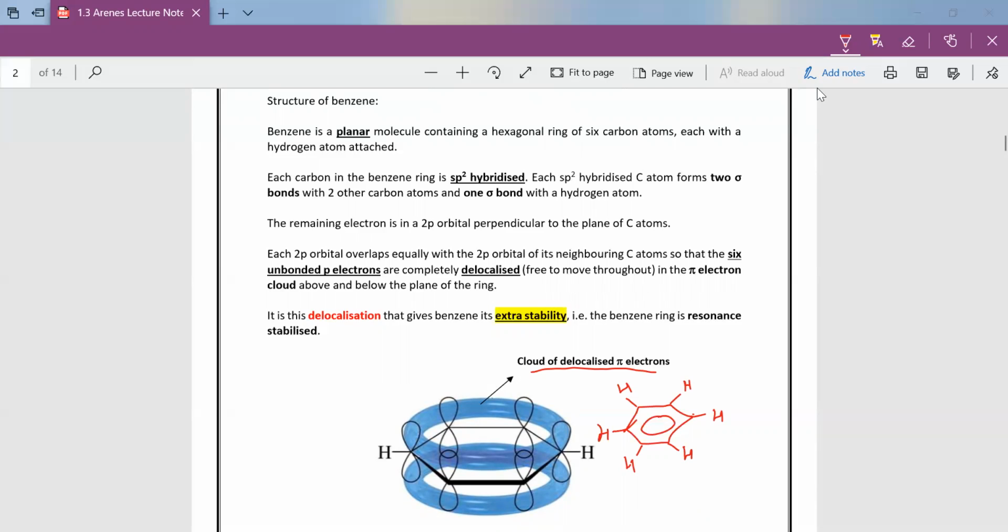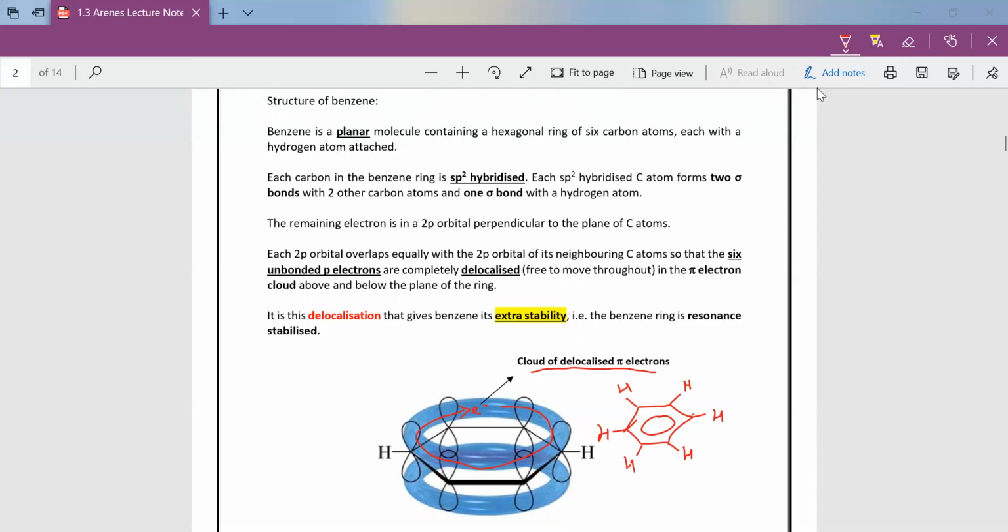Okay, and the unhybridized 2p orbitals overlap with each other across all the neighboring C atoms, so that the electrons are free to move around all 6 p orbitals, forming a sort of cloud above the carbon atoms.